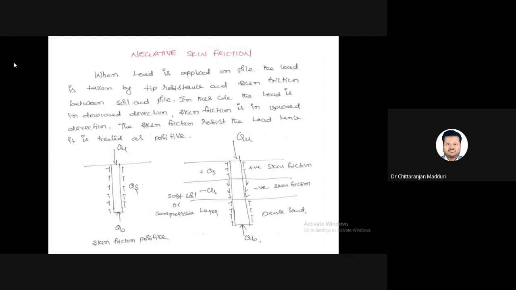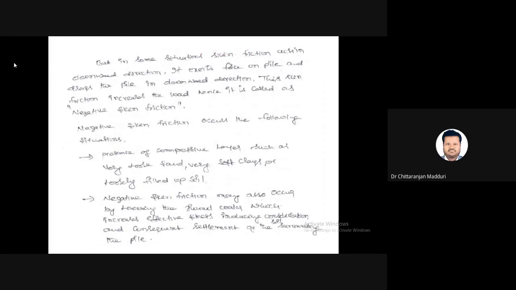All of this refers to the first figure. In the second figure, some layer has skin friction in downward direction. That means it will increase the load, which is known as negative skin friction. So in some situations, skin friction acts in downward direction.